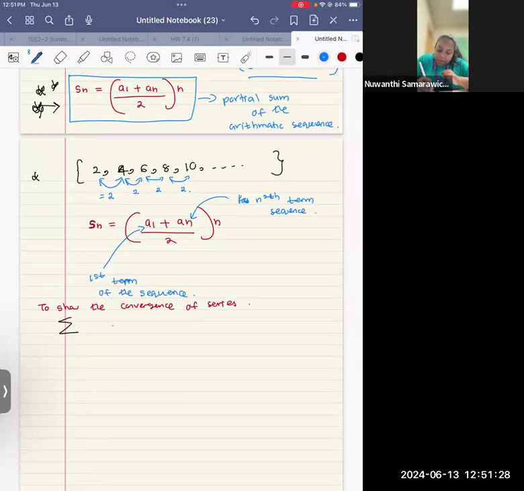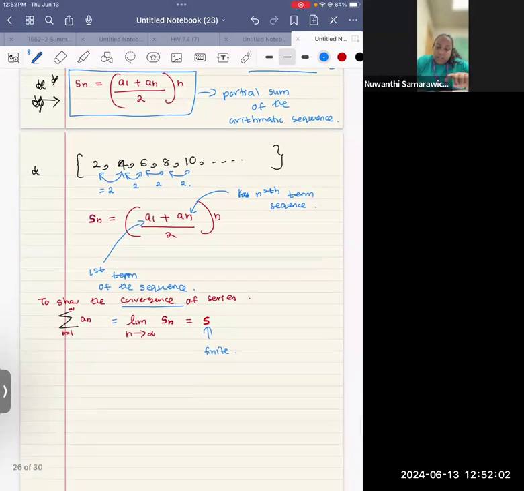We need to show that when n approaches infinity, the limit of this partial sum goes to a number which is finite. If you get infinity, then it is not a convergent series.